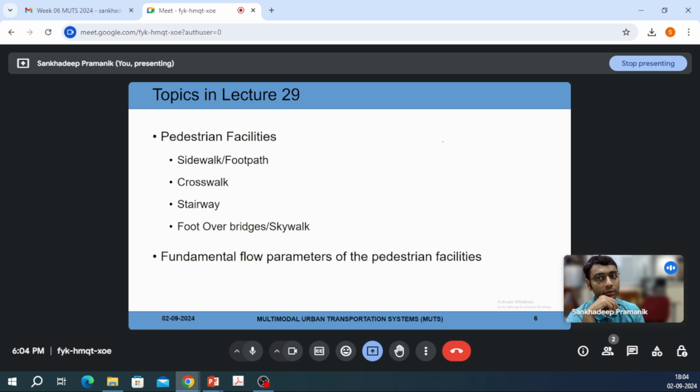Then we discussed different pedestrian facilities that we need to design, like sidewalks, crosswalks, or footpaths.